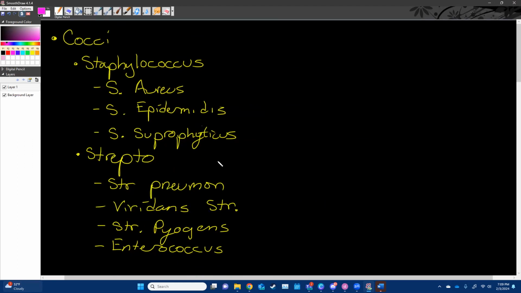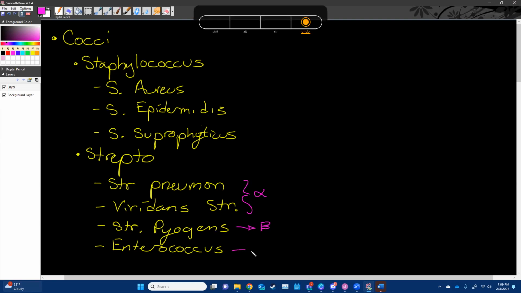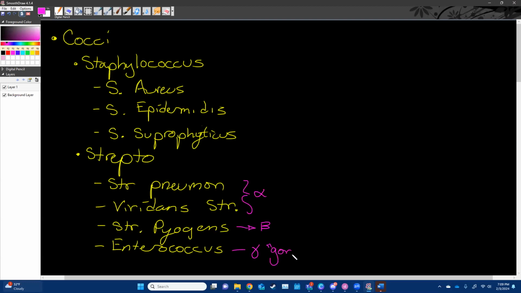Here, what we have to talk about are the types of hemolysis. In order, we have alpha, beta, and gamma. What you should know is that gamma is gone. On a gamma plate, you have a complete, clear sign of hemolysis, whereas beta is partial, and alpha is even less.